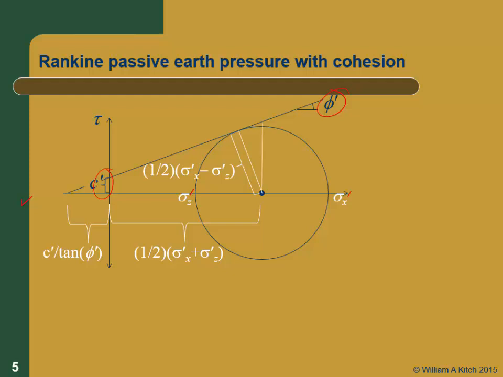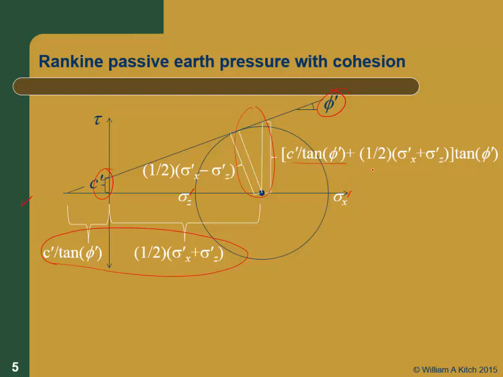So now the hypotenuse in the smaller triangle that I'm going to use in the middle is now the sum of these two terms times tan phi. So it's c prime over tan phi prime plus 1/2 the quantity sigma prime x plus sigma prime z, that entire quantity times tangent phi.